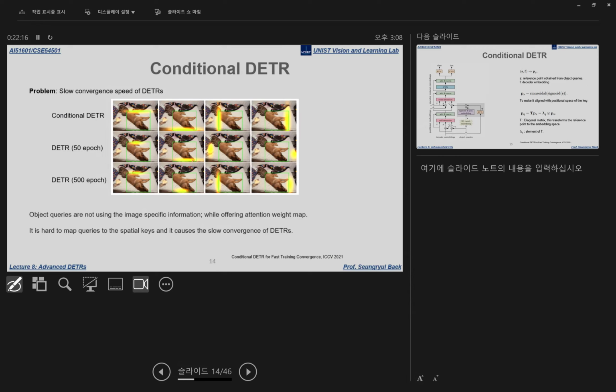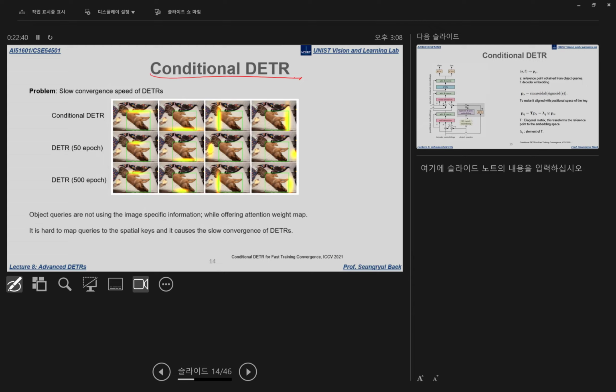And also there have been some more important changes by proposing this Conditional DETR. So these approaches are more actively researched for improving the meaningless object queries.